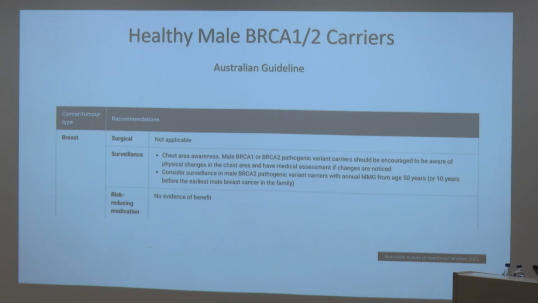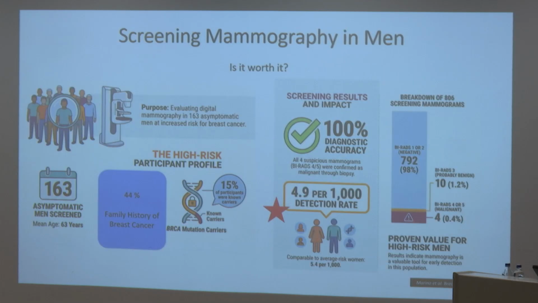But for breast screening, they do not take gynecomastia or Klinefelter syndrome into consideration. They say to consider annual mammography starting from age 50 if you have a diagnosis of pathological BRCA1 or 2 mutation. So is it worth it to screen men with mammography?